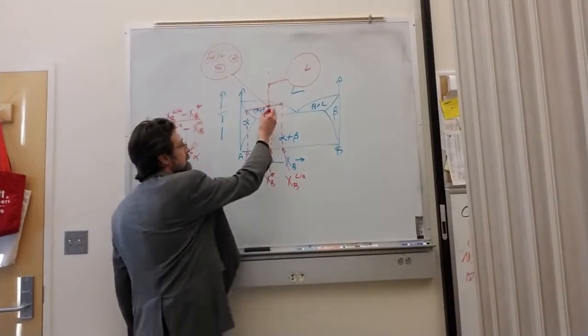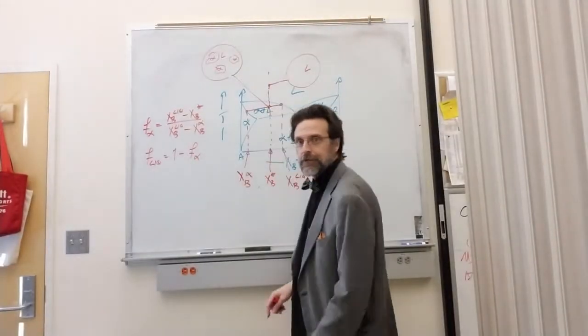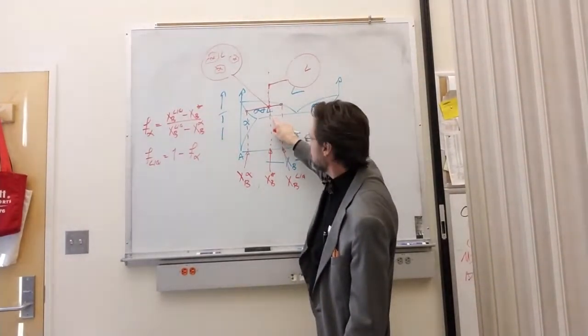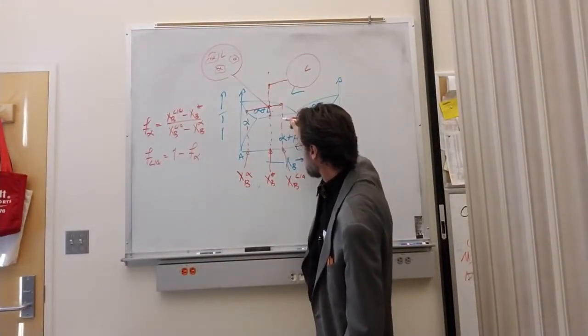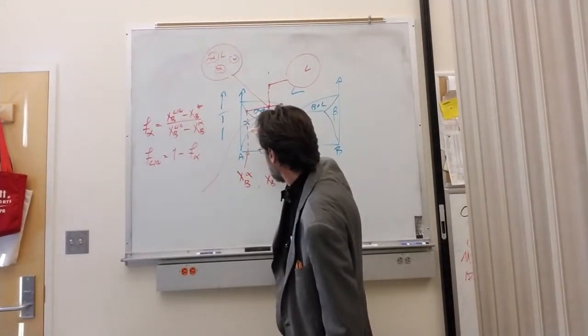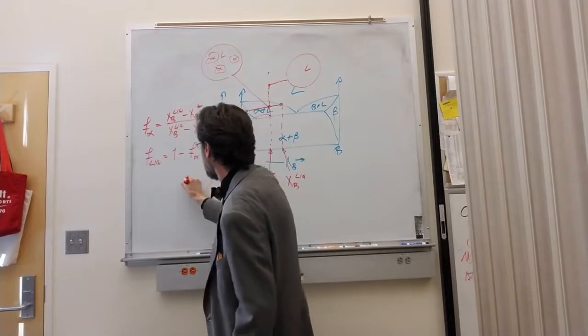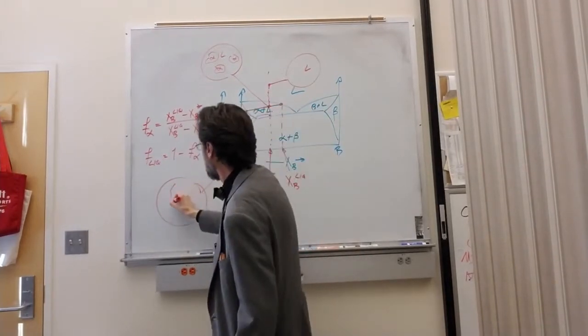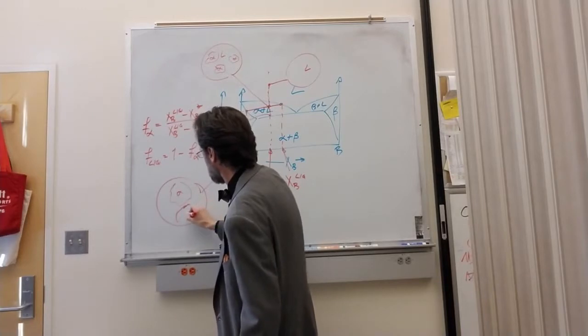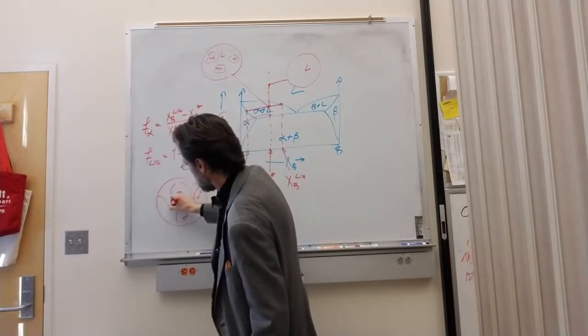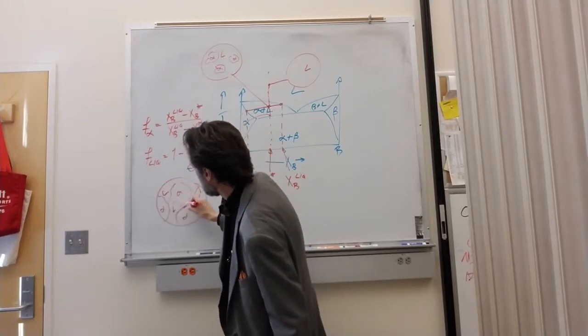Now, if you imagine what happens just above that phase boundary, what we have is something that looks like alpha and liquid.